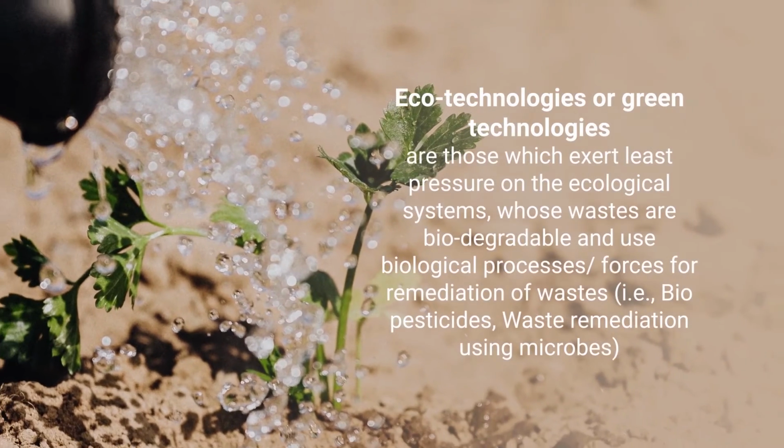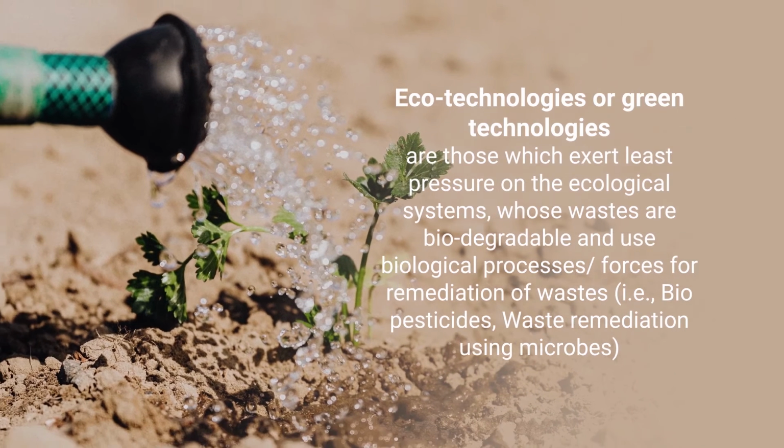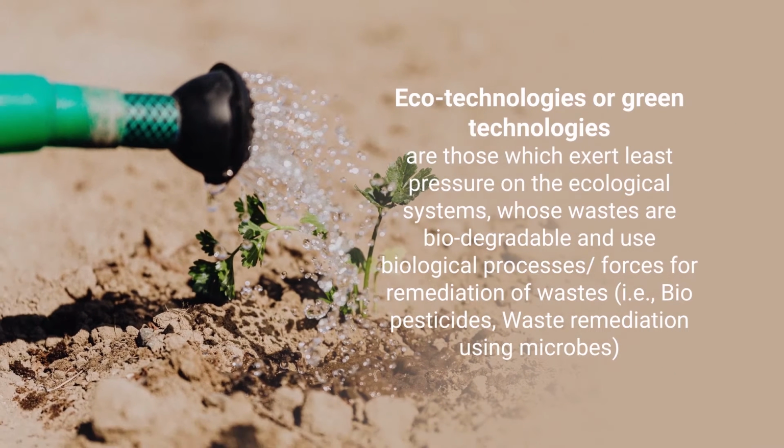The third kind of technology is eco-technology or green technologies. What are these? These green technologies are those which exert least pressure on the ecological systems, whose wastes are biodegradable, and which use biological processes or forces for remediation or treatment of waste.